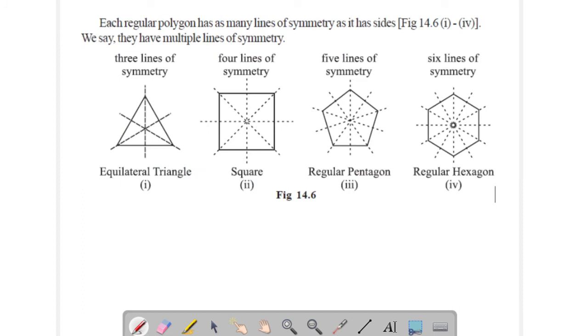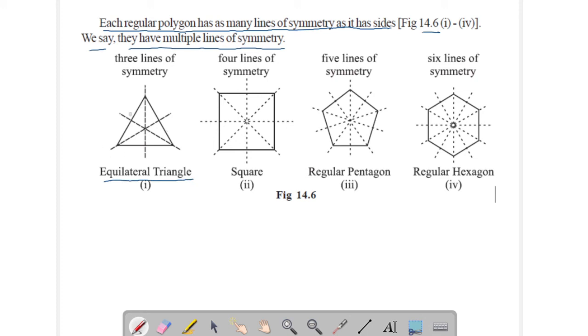Now, each regular polygon has as many lines of symmetry as it has sides. See figure 14.6. We say they have multiple lines of symmetry. See, first one is an equilateral triangle. Here, how many lines of symmetry are there?